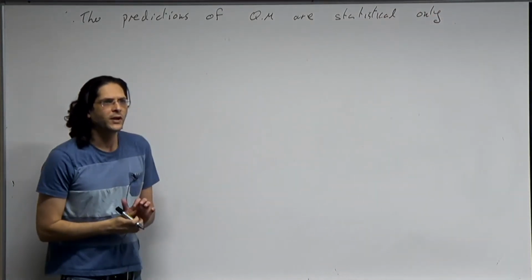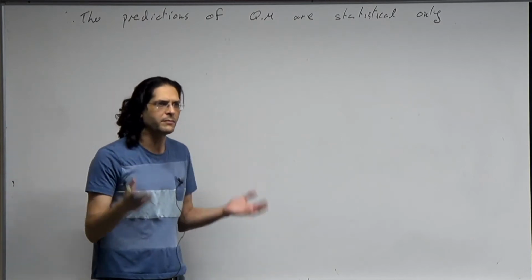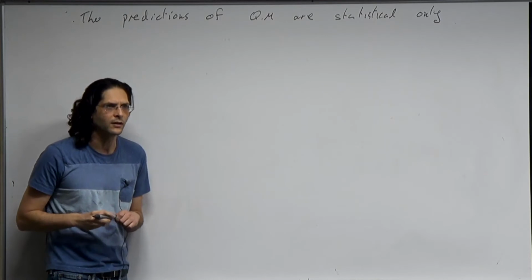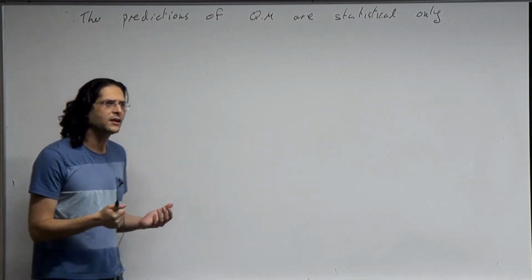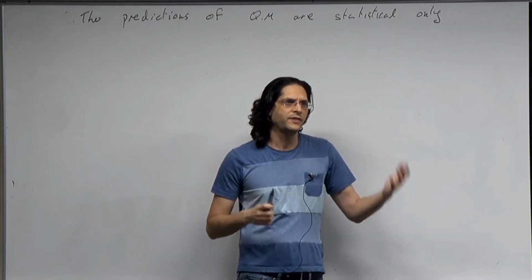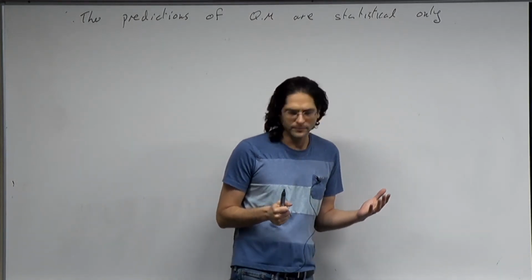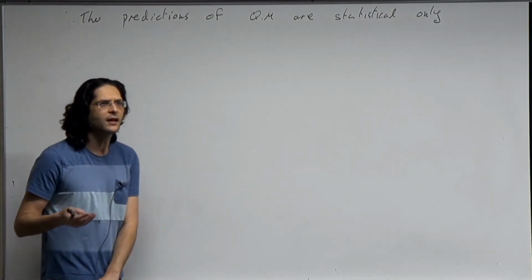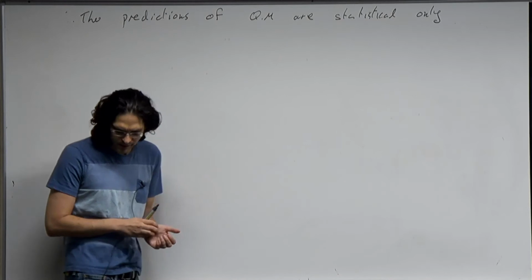We can take a single qubit and measure it and get a single result, but really that's insignificant. Where quantum mechanics comes in is by predicting the statistics of the outcomes. And since the measurements themselves are probabilistic, you have to deal with statistics.